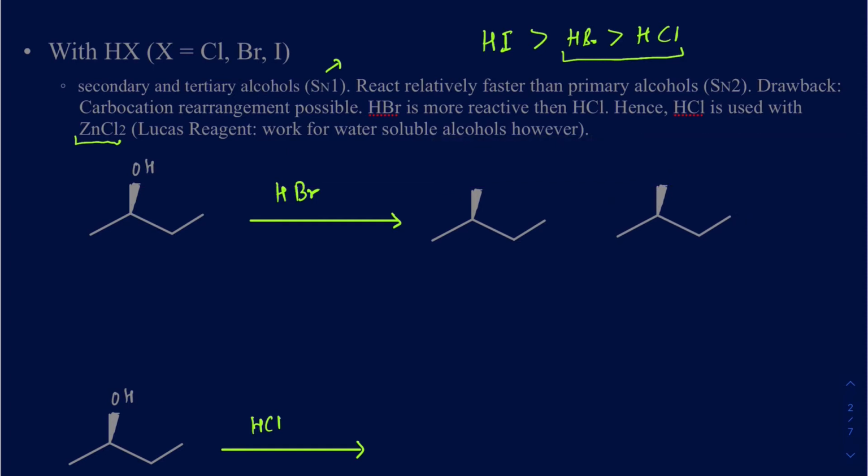You could have the nucleophile going back into the page, and you can also have the nucleophile coming out of the page. So at the end of the day, the product would have the bromine here and the bromine here. This is the drawback: you're actually getting two products, and they have different stereochemistry. In addition, you can also get carbocation rearrangements anytime you're making a carbocation, and since this is an SN1 mechanism, you are going to be making a carbocation.